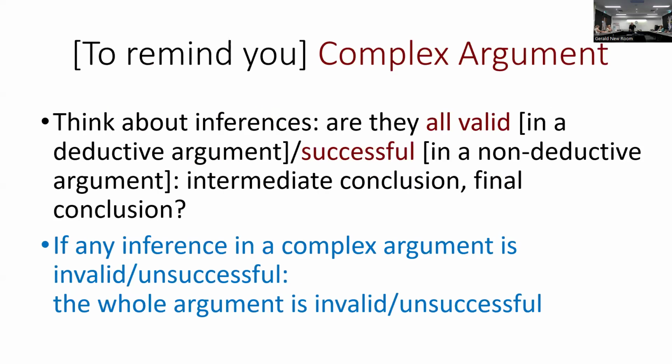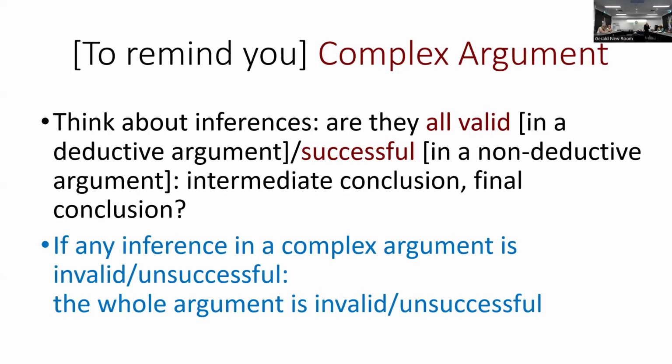Remember Alvin. So before I go further, think about the complex argument, yeah? Remember we are doing complex argument. So the first inference, yeah, intermediate conclusion and final conclusion. So if any inference in a complex argument is invalid or unsuccessful, that means invalid inference could be only in deductive argument.